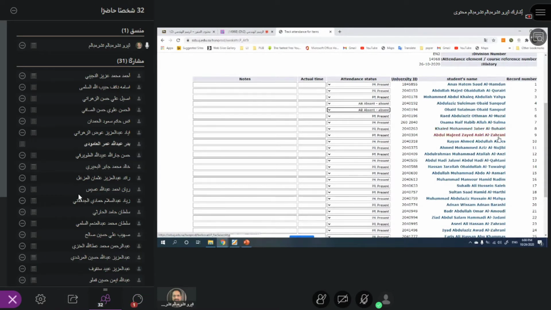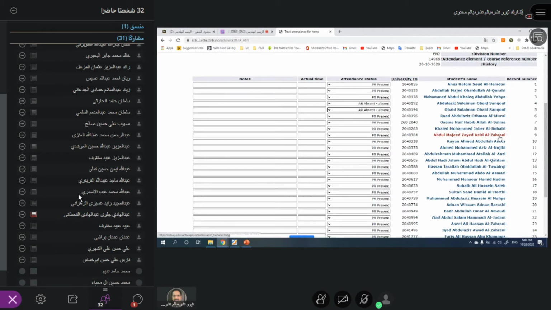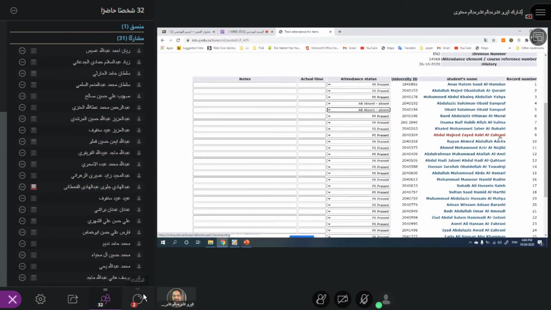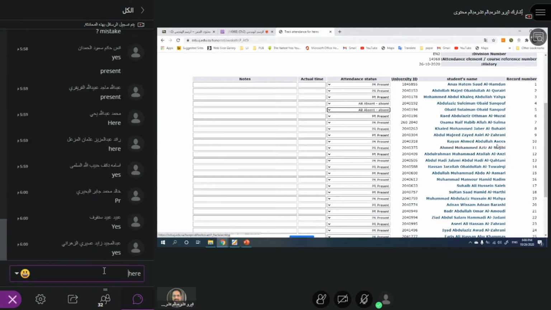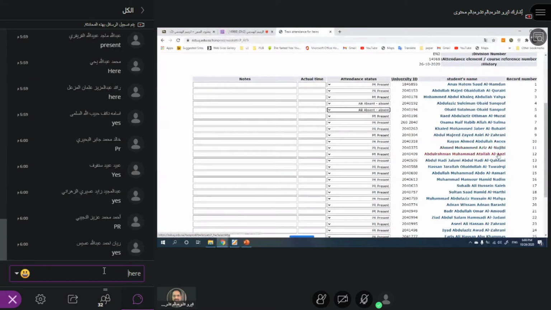Khalid Abdul Majid Zayed Asiri Al Zahrani. Abdul Majid Zayed. Ryan Ahmad Abdullah. Ahmad Muhammad Aziz. Abdul Rahman Muhammad Atala. Abdul Hadi Jalawi. Hassan Jarallah Ubaidullah. Abdullah Muhammad. Abdul Al Asmari.